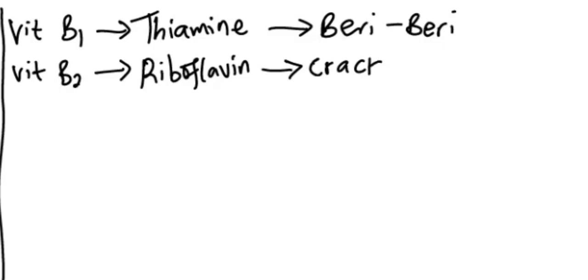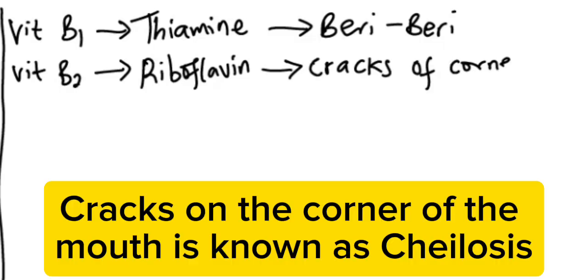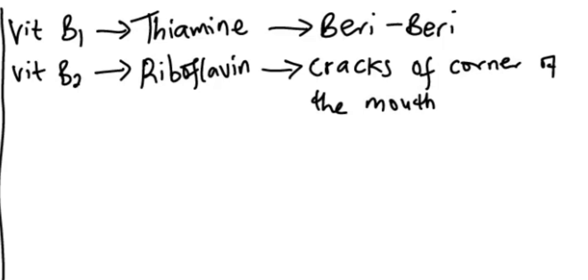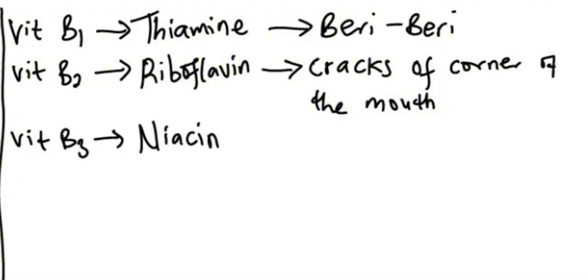To describe it, cracks on the mouth. Now, vitamin B3 is called niacin. Now, if you are deficient in this, you have what we call pellagra.